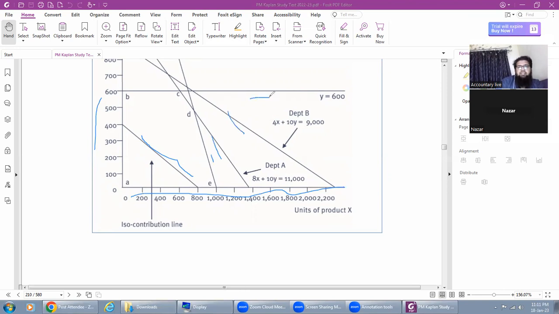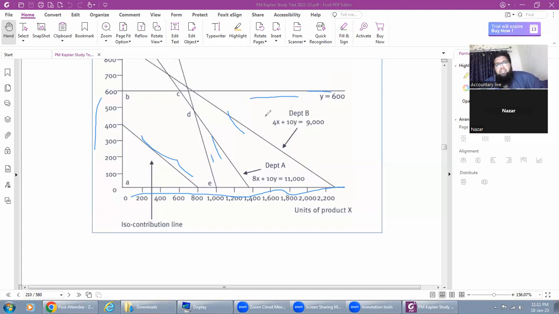One is a straight line. This is the line for Y. We have demand for Y of 600 units.